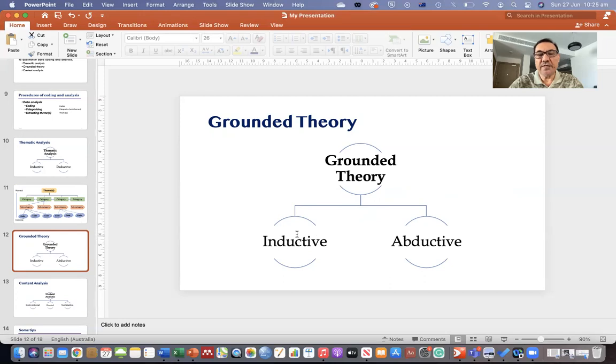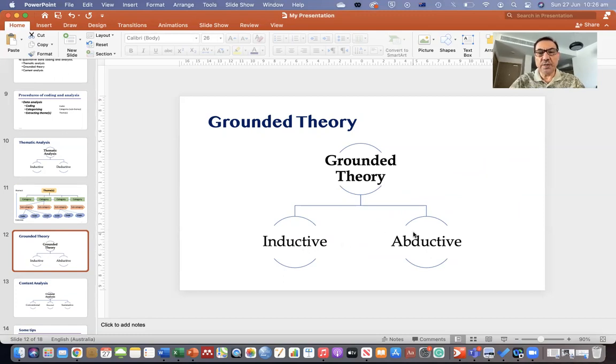Glaser believes that those who do grounded theory should not involve any previous theory in their research. In other words, "all is data" is a famous expression, and therefore they should stick to the data in order to do the coding and categorization and extracting themes. And then in the discussion, they can go and see what is discussed in previous research and other theories.